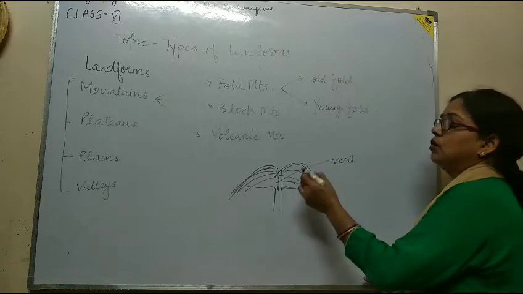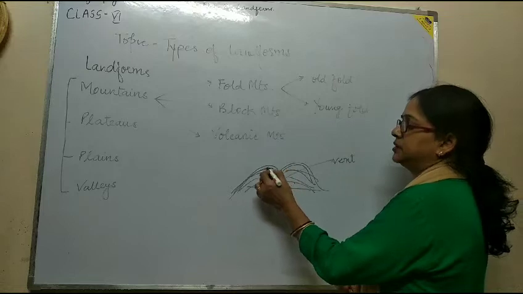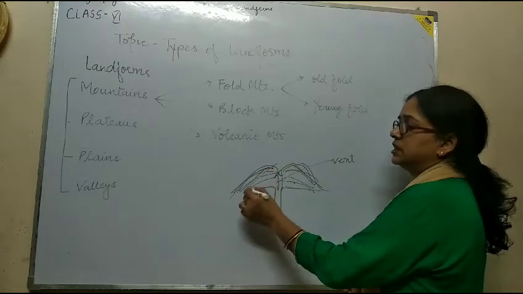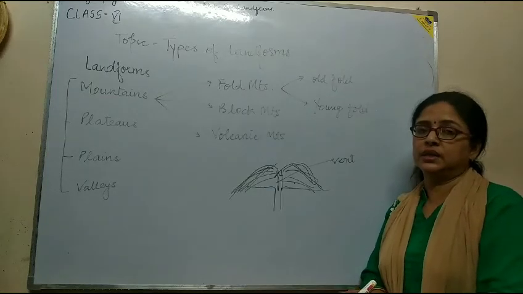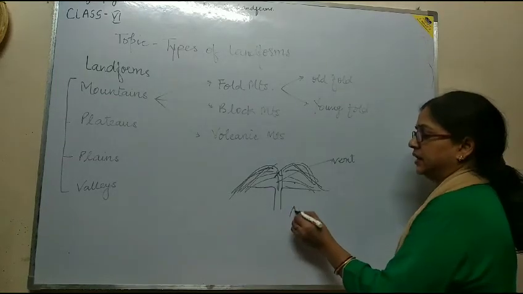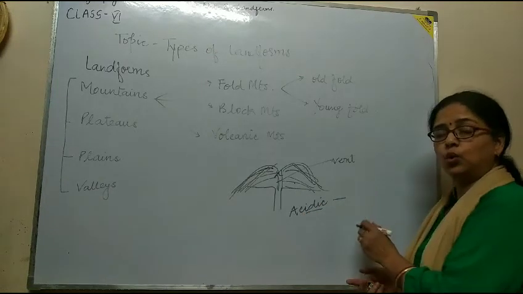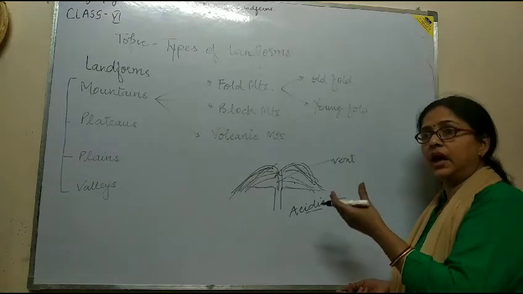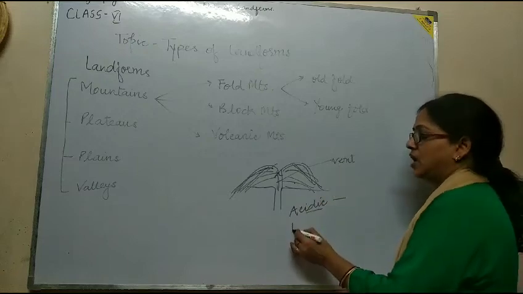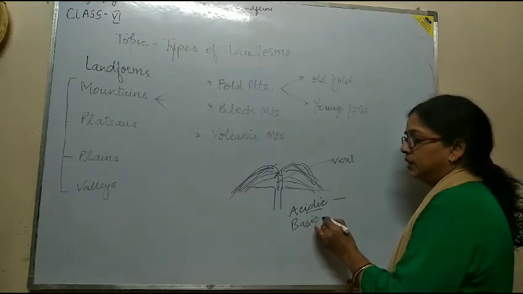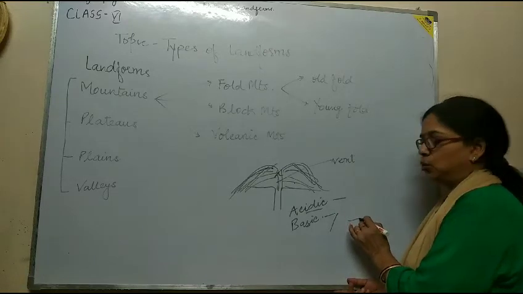The features of volcanic mountains are that they have steep sides. And one more thing: if the lava is acidic, the dome is higher, having steep sides. If the lava is basic, then the dome is lower in height with a gentle slope.